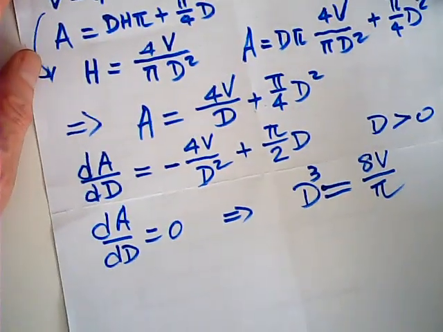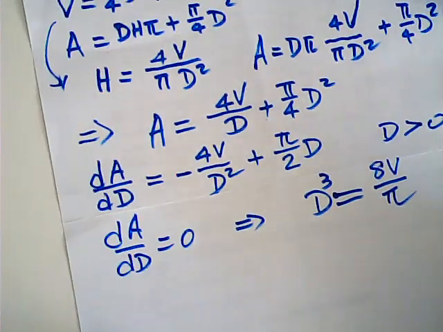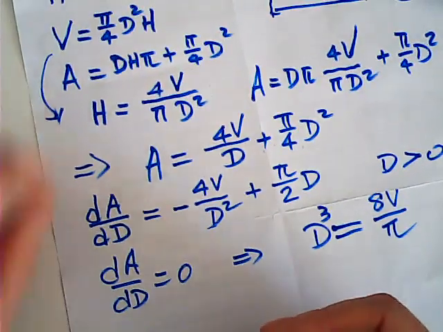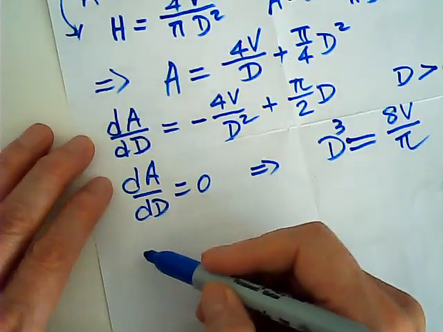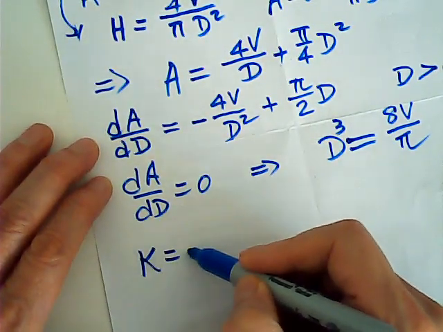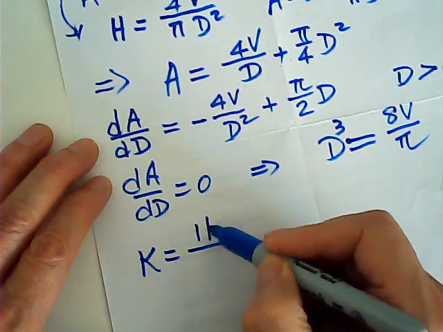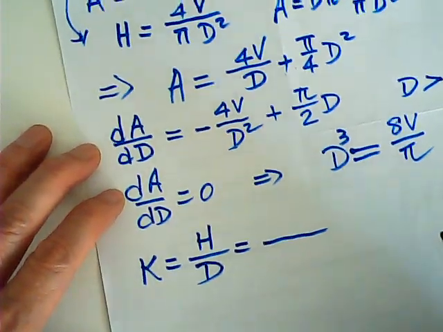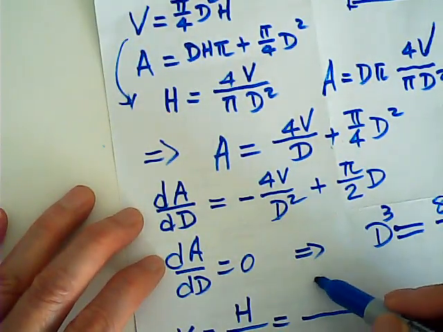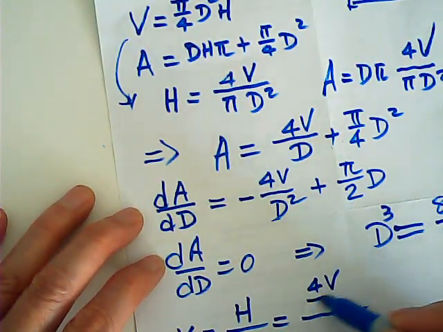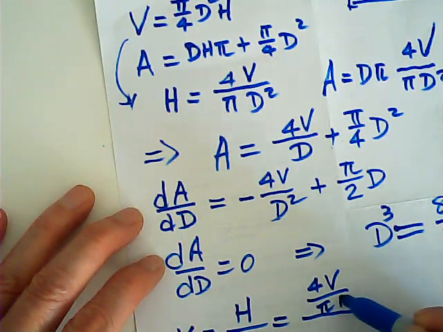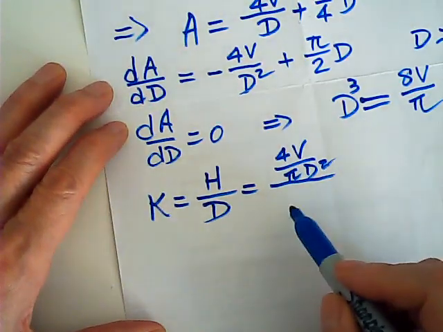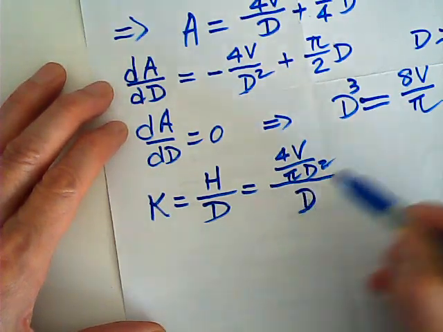Okay. We want to find the ratio. Well, I don't use r because r is confusing with the radius. I'm using k. k is the ratio between the height and the diameter. And height is 4v over pi d square, over d, right?